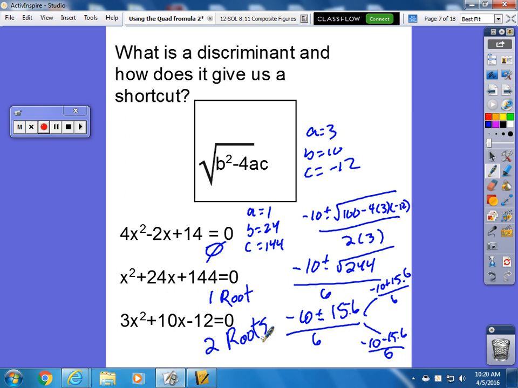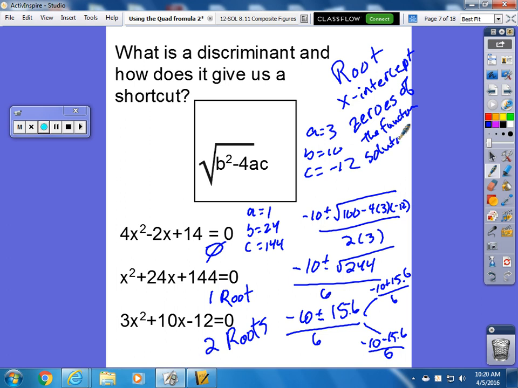It is called roots, x-intercepts, zeros of the function, and solutions. All 4 things mean the same thing, but you do need to know all the vocabulary.